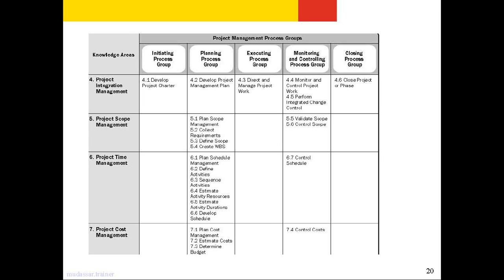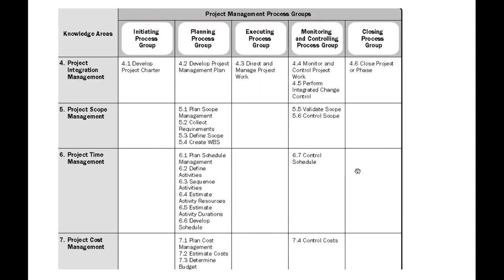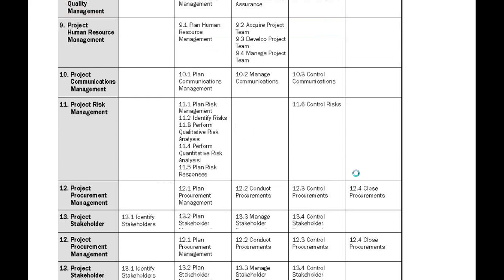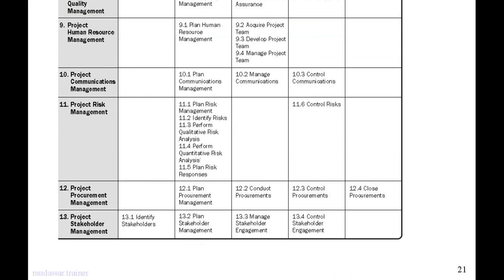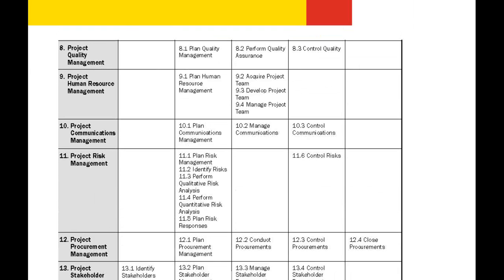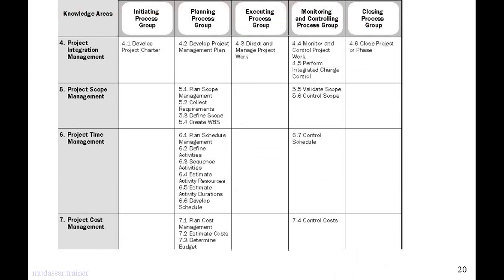Okay, a rough understanding of the process groups and the knowledge areas. So as you can see, we have our ten knowledge areas, from integration to procurement management, and the five process groups. Okay.